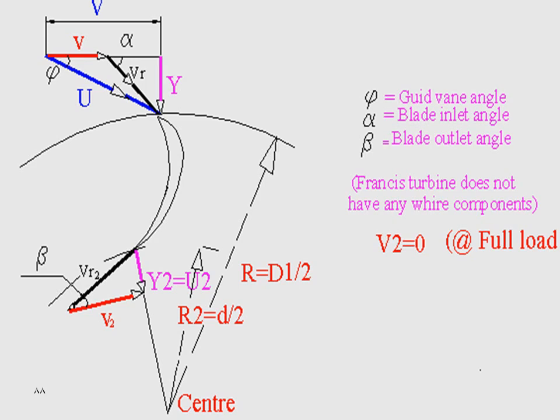The summation of Vr2 plus v2 equals U2, the absolute velocity at exit. We also resolve it into two directions. Here we assume it takes the radial direction. This means the radial velocity Vf2 will be equal to U2, and the tangential component, whirl V2, equals 0.